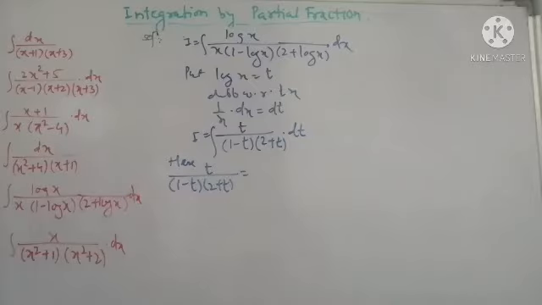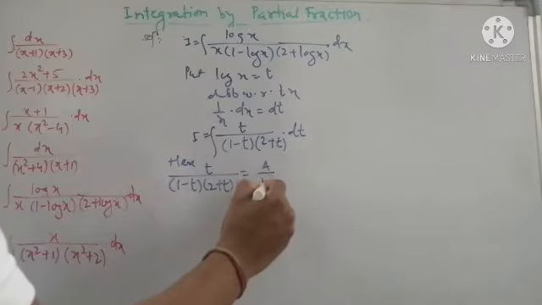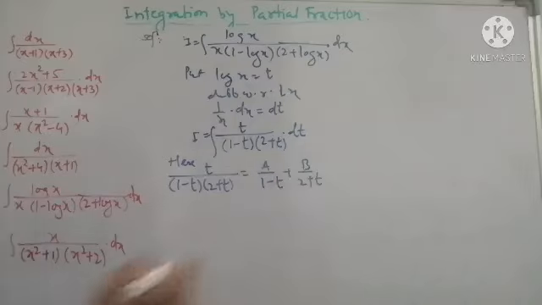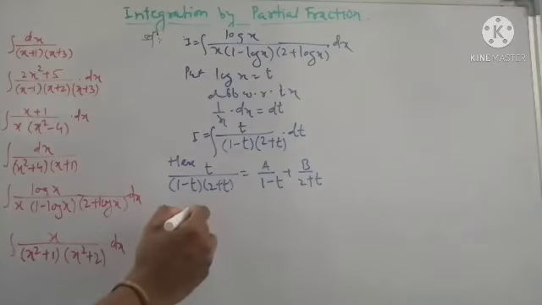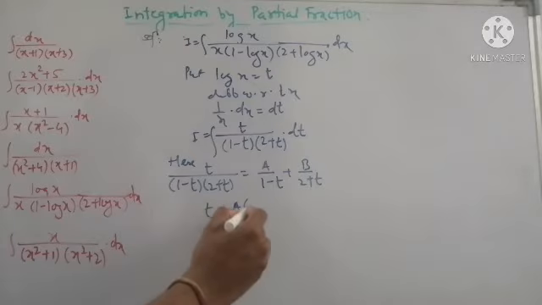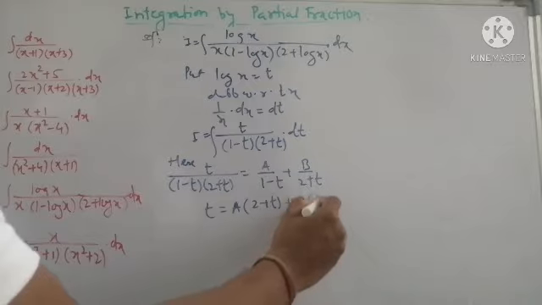As these are two linear factors, we can take partial fractions using two unknown constants. First is A divided by the first linear factor 1 minus t, plus second is B divided by the second linear factor 2 plus t. Now multiplying both sides by the denominator of the left hand side, we get t is equal to A multiplied by (2 plus t), plus B multiplied by (1 minus t).